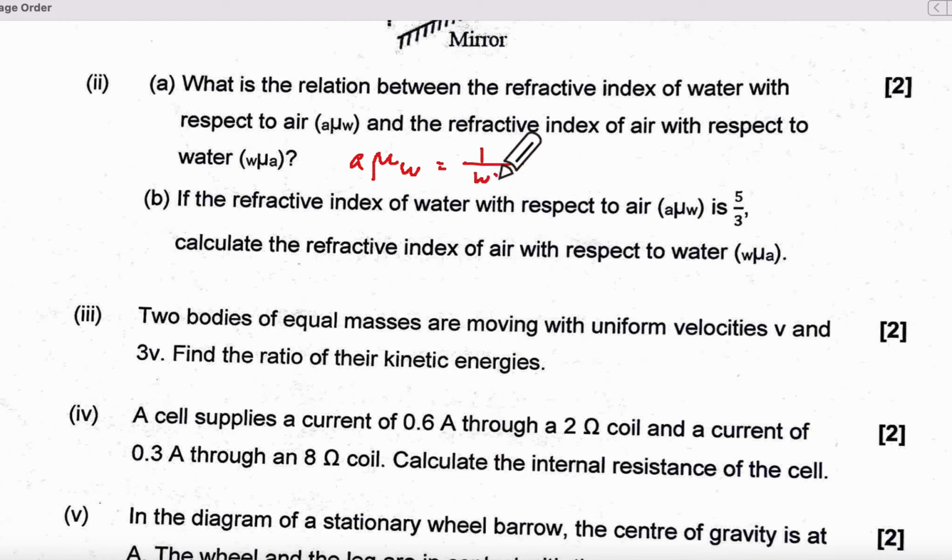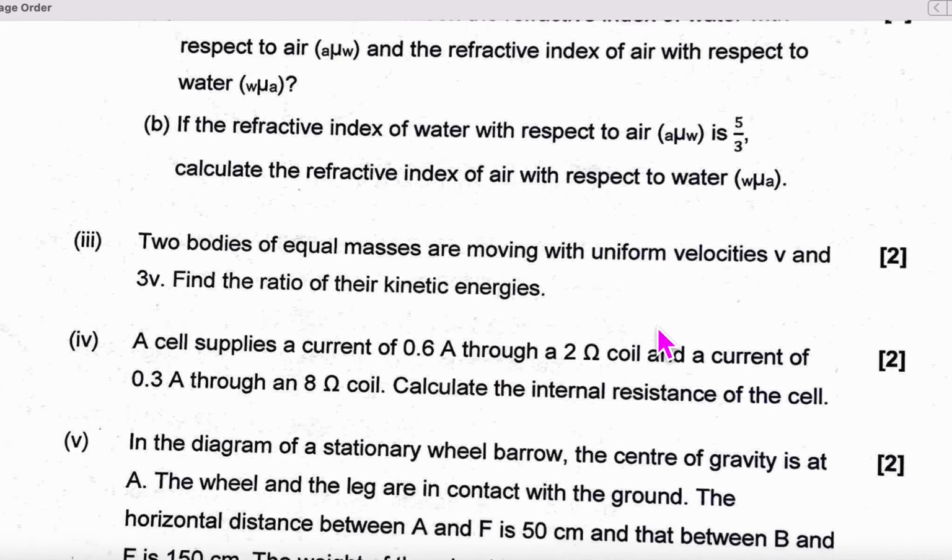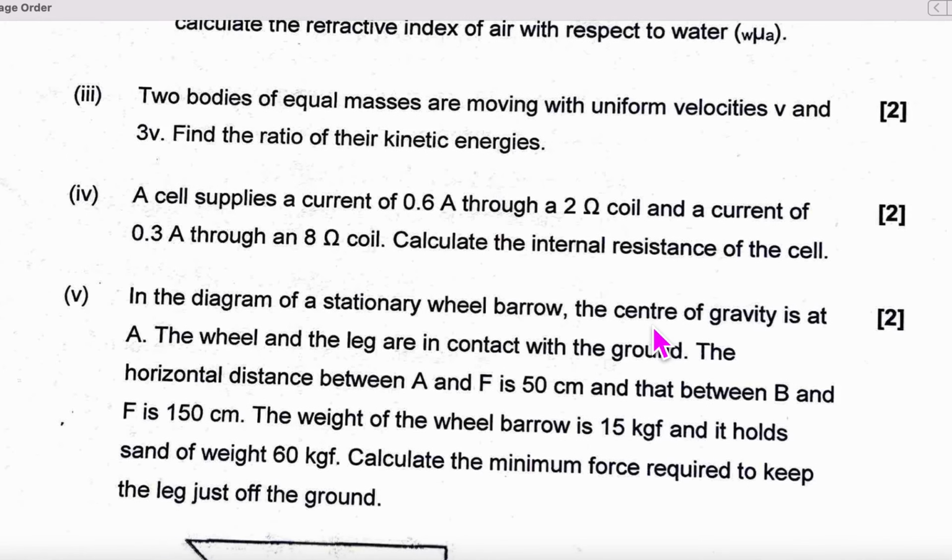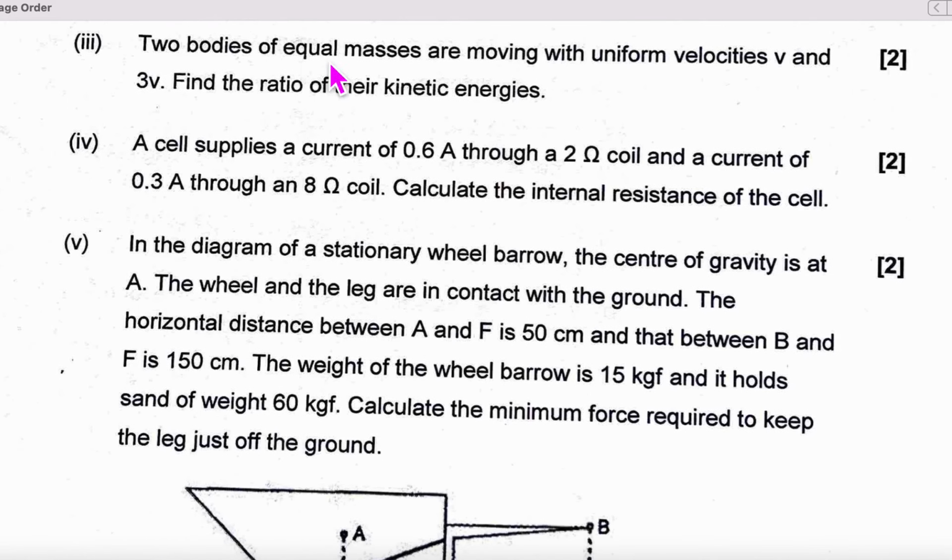If refractive index of water with respect to air is this, then what is it with respect to water? This will be equal to 3 upon 5. Now 3 upon 5 you have to write as 0.6. This was the tricky part. If you don't put it in decimal, you will lose that 1 mark. Don't write it as a fraction.